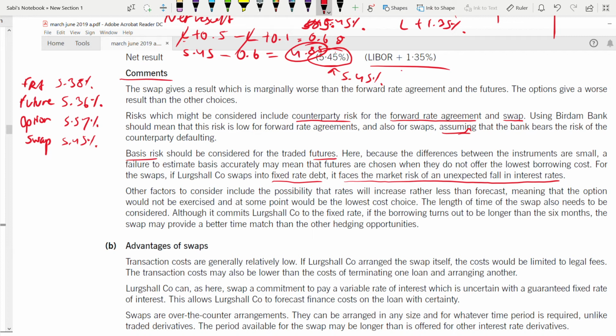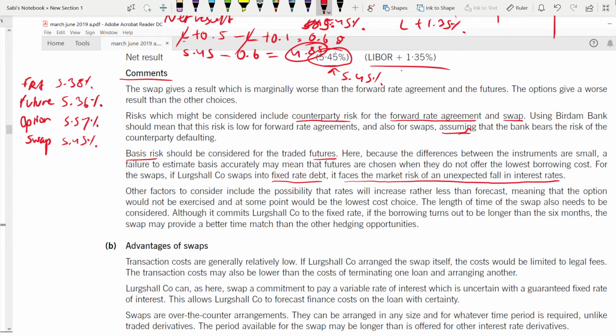So if the interest rate increases, even though that increase is less than what you have forecasted, still the interest rate is increasing, and the option will not be a good choice. The option is expensive. It is giving the highest rate. That's why that option will not be exercised.